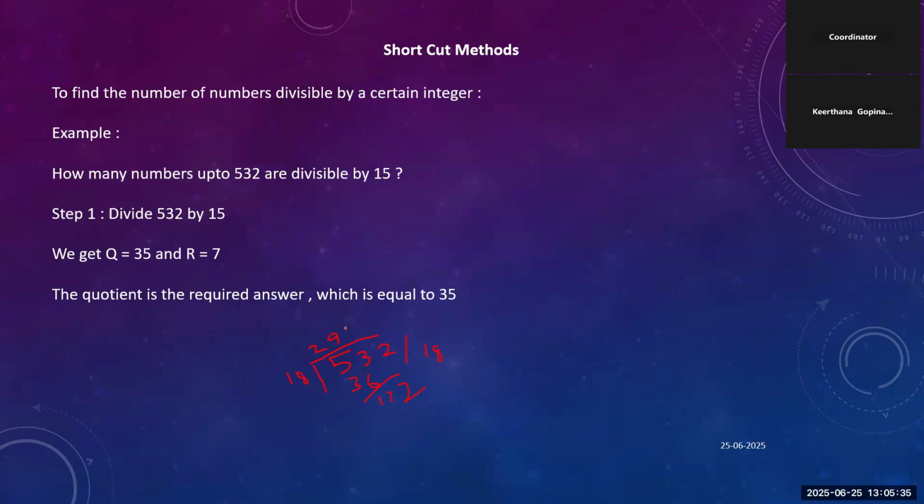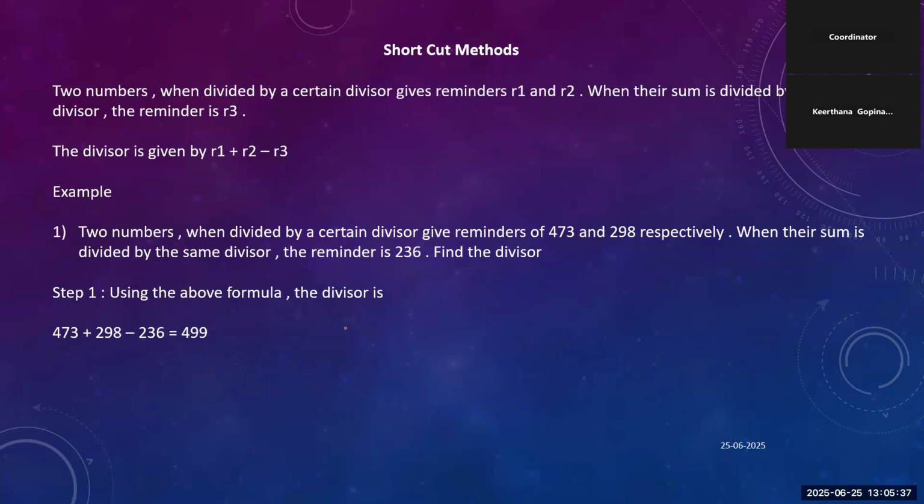Got it? Okay. So this is another shortcut. Two numbers when divided by a single divisor. The earlier problems we saw, what did we see?